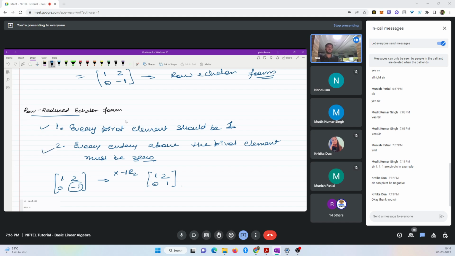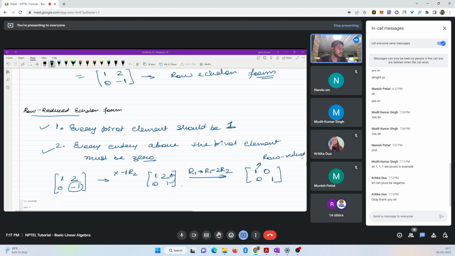The next rule says that everything above the pivot element should also be 0. Then what we do is make this transformation: R1 goes to R1 minus 2 times R2. So what do we obtain? 1, 0, 0, 1. This is the row reduced echelon form.